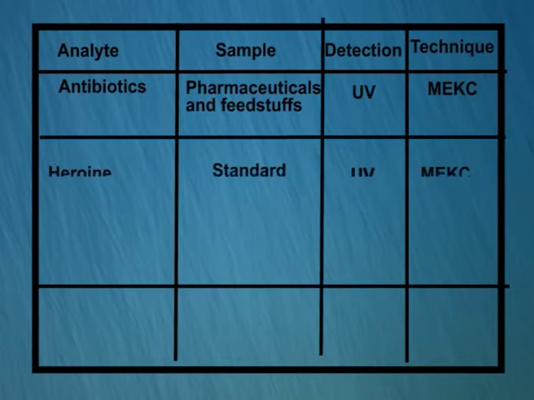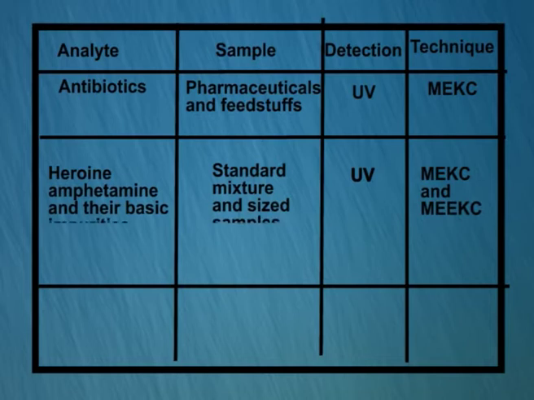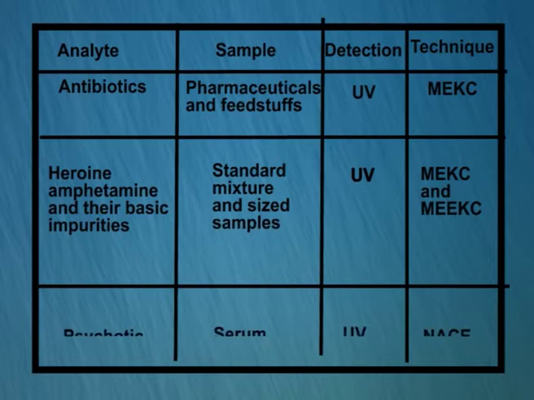Analyte is heroin, amphetamine and their basic impurities, sample standard mixture and seized samples, detection by UV, and the technique is microemulsion electrokinetic chromatography. Analyte psychotic drug, sample is serum, detection by UV, and the technique is non-aqueous capillary electrophoresis.